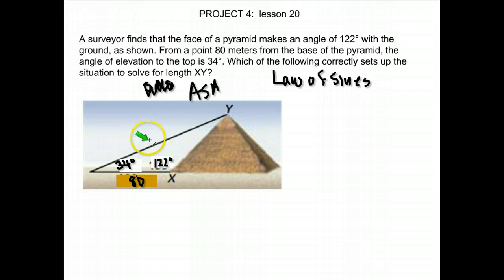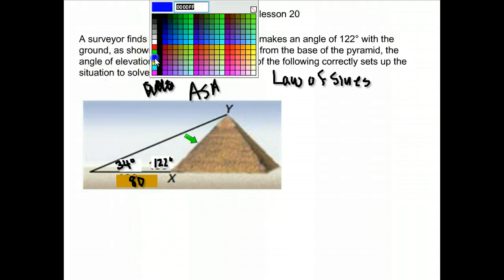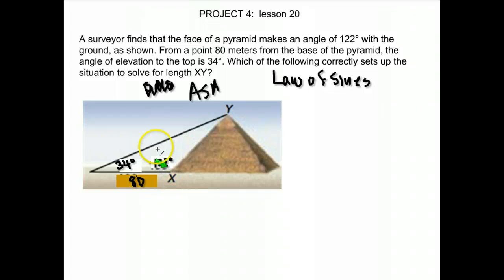Well, I don't know that side, and it's not the one that I'm looking for. Here's an angle, the side across from it is the one I'm looking for, so that one I can use. So this first one, this 122-degree angle, I didn't want to use it in my law of sines because I don't know the number across from it, and that's not the side I'm looking for.